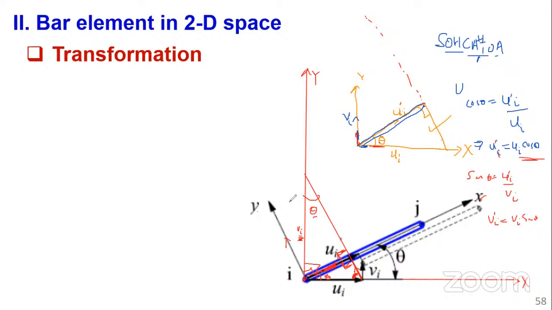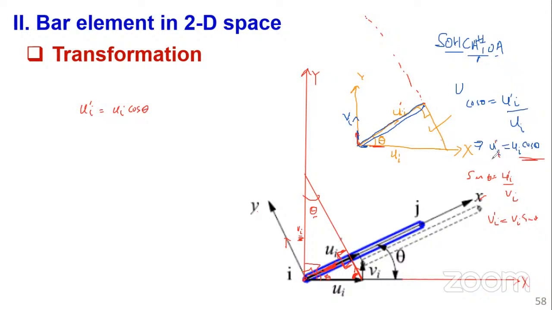Now, let's add them up. I want to add them up. So what we are saying is that U prime I has two components, which equals UI cos theta.